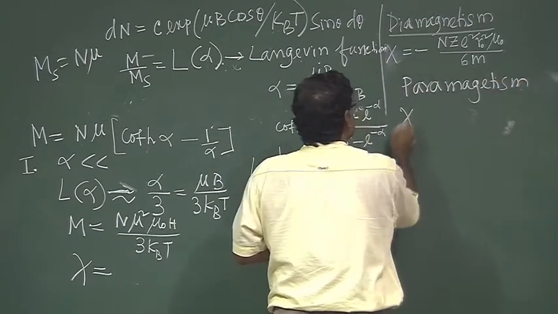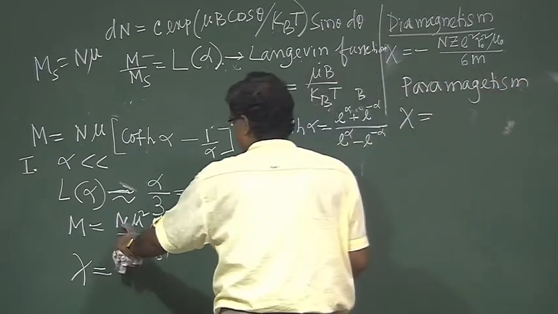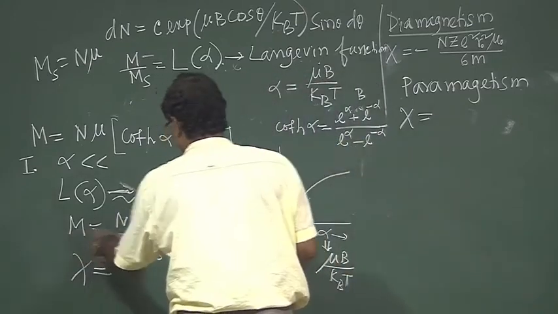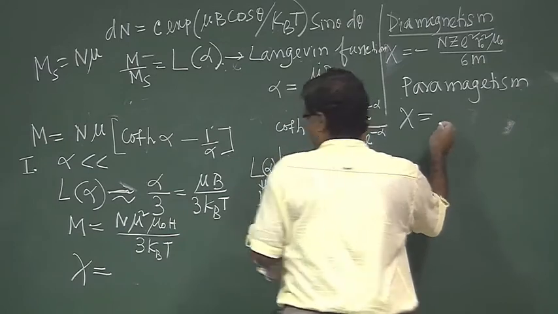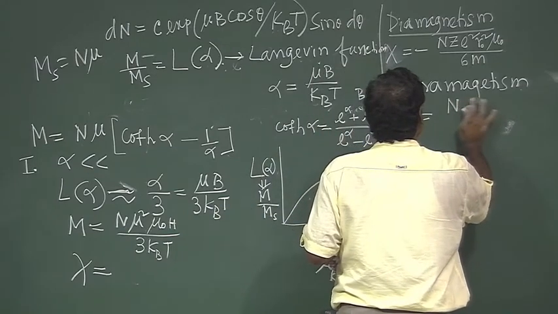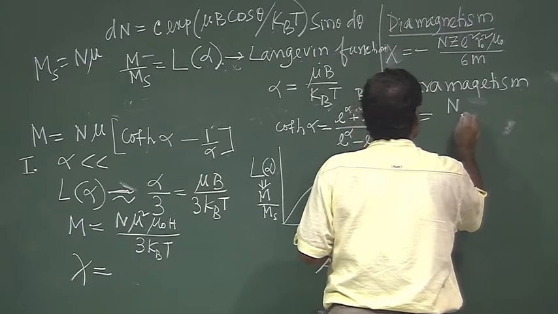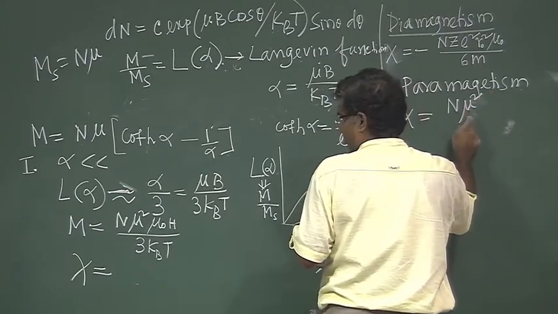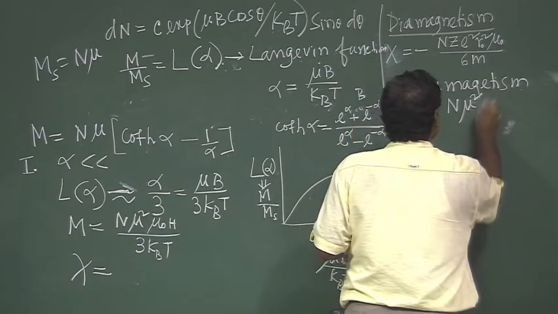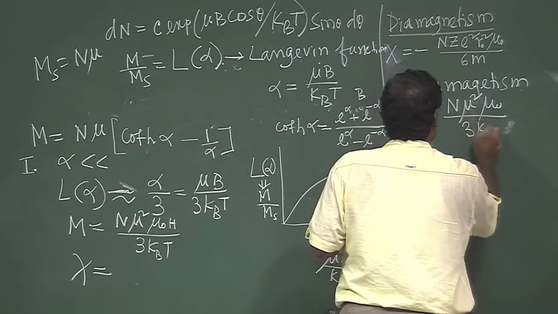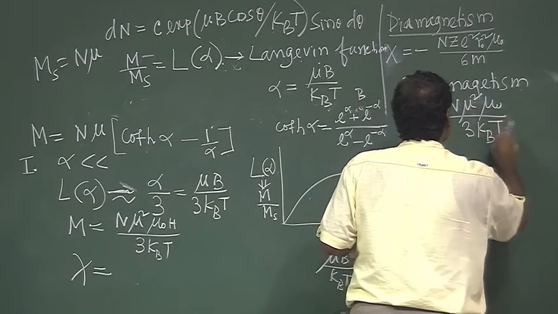Chi equal to m by H, that will give you n, the number of moments or atoms per unit volume, mu square, where the permanent dipole moment is mu, then mu 0 divided by 3 kBT.